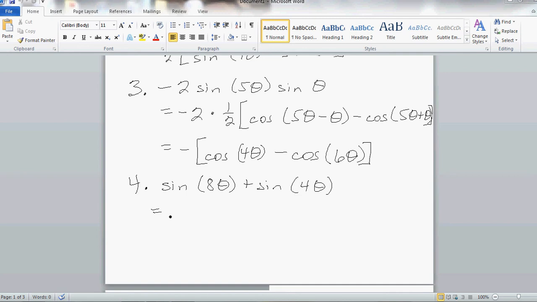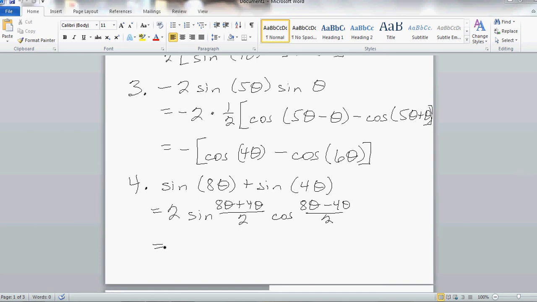Well, this one, we have the sine of one angle plus the sine of a second, is the first one in that box. And so that just simply means take 2 times the sine of the 2 angles added, all over 2, times the cosine of the 2 angles being subtracted, all over 2.